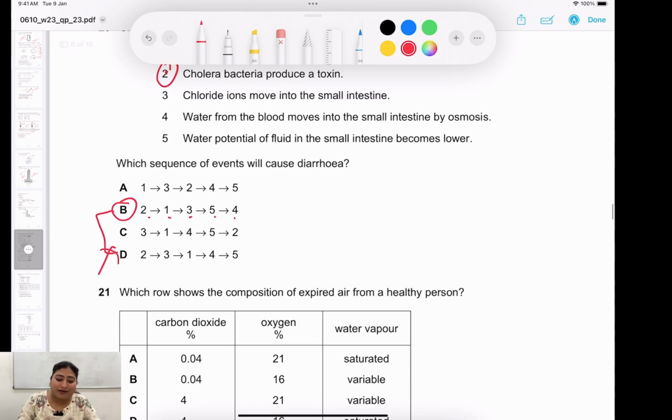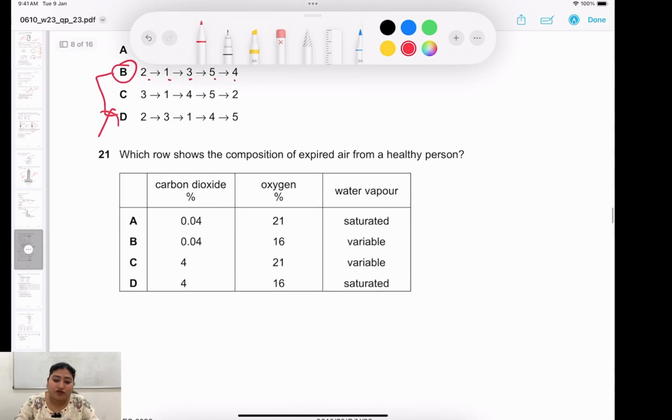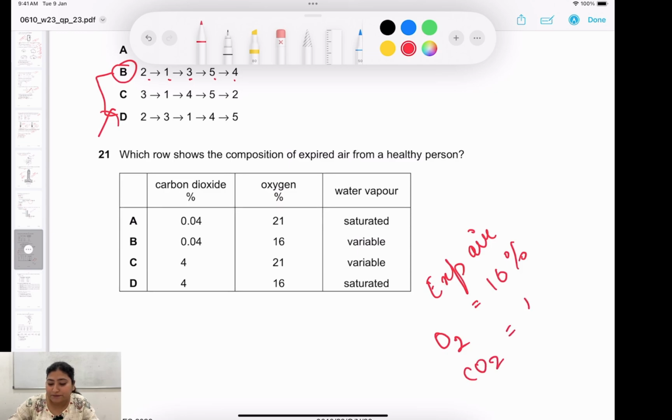Okay. Then which row shows the composition of expired air from a healthy person? Now I have two things to tell you. When we talk about expired air, you have to keep in mind that the oxygen concentration is approximately 16% and the CO2 concentration is approximately 4%.